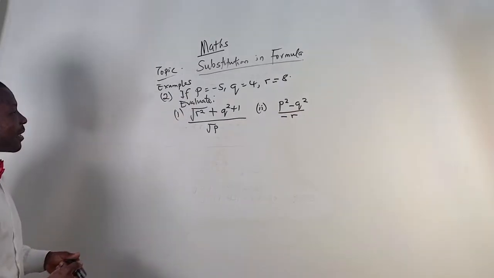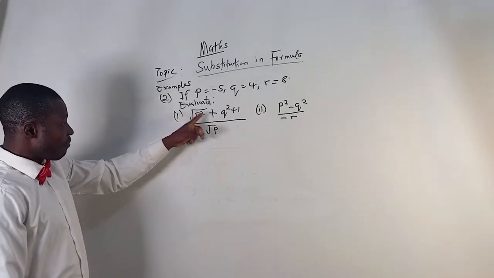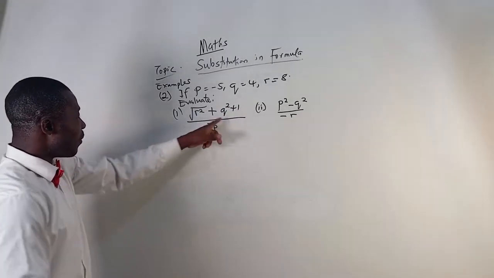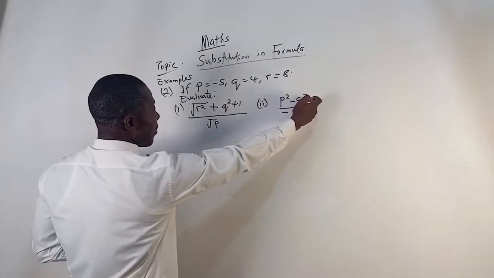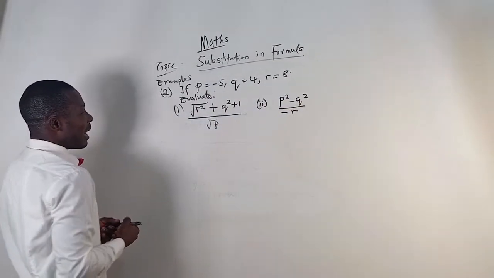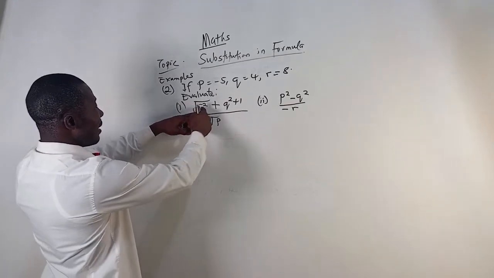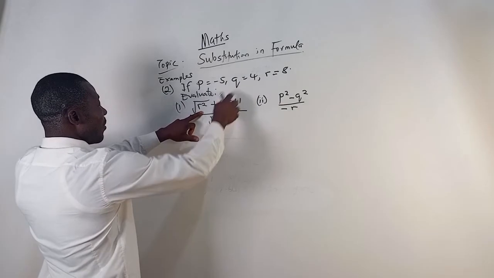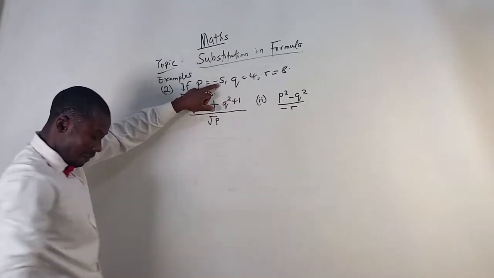So let's take them one after the other. That is the square root of r squared plus q squared plus 1 over the square root of p. Another one says p squared minus q squared over minus r. At this juncture, the value of r is 8, the value of q is 4, while the value of p is minus 5.